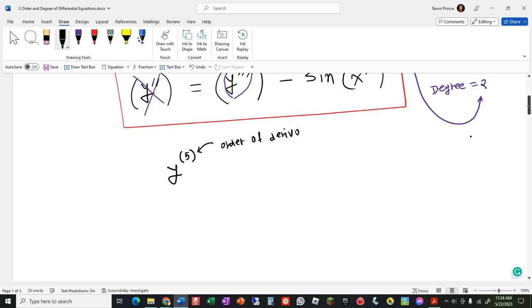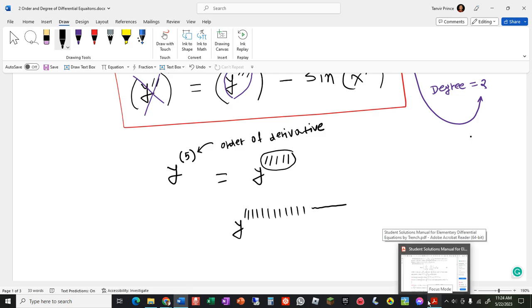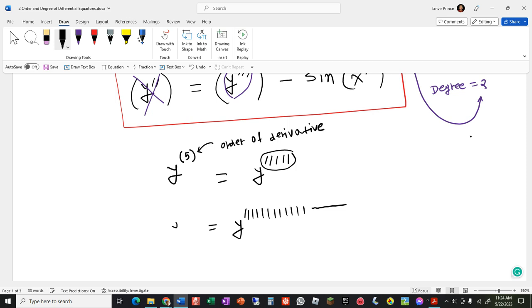So in this case, this means fifth derivative. Another way I can write it is with 5 primes. Once we go beyond the third derivative, we usually don't write all of these primes. Think about the 100th derivative. Wow, you would have to write 100 of them. That's too much, and we don't want to do that. Instead, we just put y and in parentheses 100.